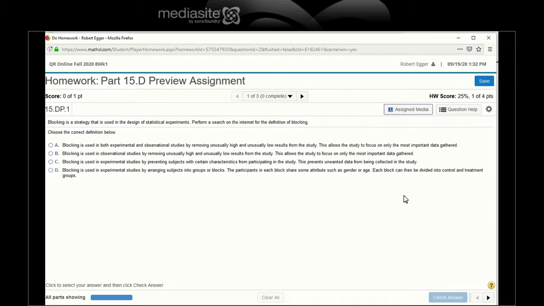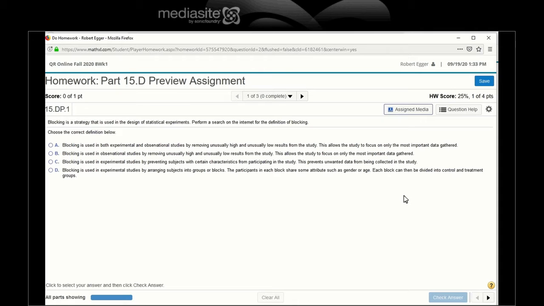We got here. Blocking is a strategy that is used in the design of statistical experiments. Perform a search on the internet for the definition of blocking. I need to get this bigger. So, correct definition. A: Blocking is used in both experimental and observational studies by removing unusually high and unusually low results from the study.